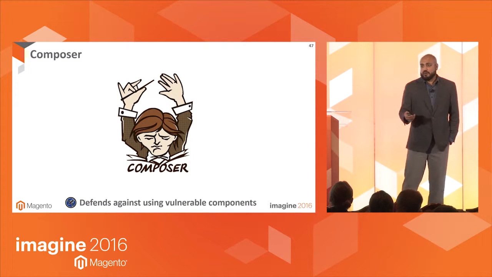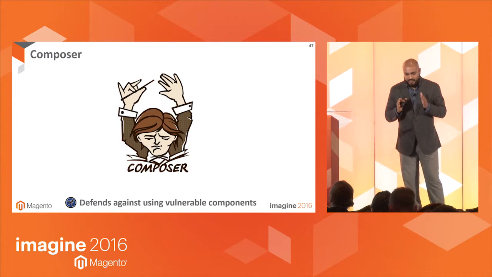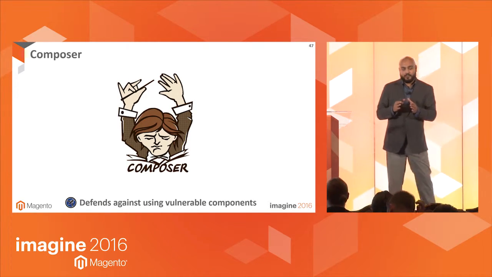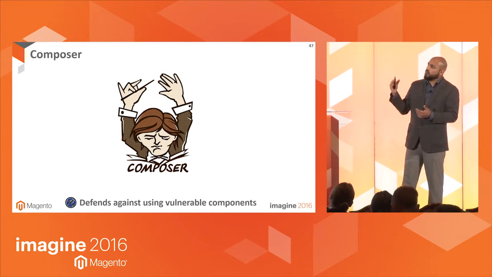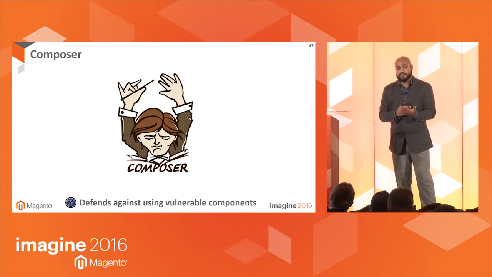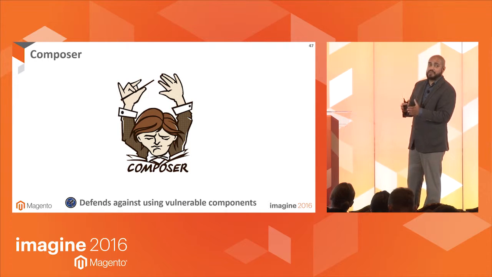Okay, and we're coming up to the end here. Remember defending against vulnerable components. If you have an old version of PHP or an old version of Magento that an exploit is readily available on the web for, it's kind of obvious that you're vulnerable. With the introduction of Composer, knowing how Composer JSON rules work, and employing proper use of semantic versioning, we can now have fully patched minor versions of the packages we need, and Composer helps us keep that up to date.